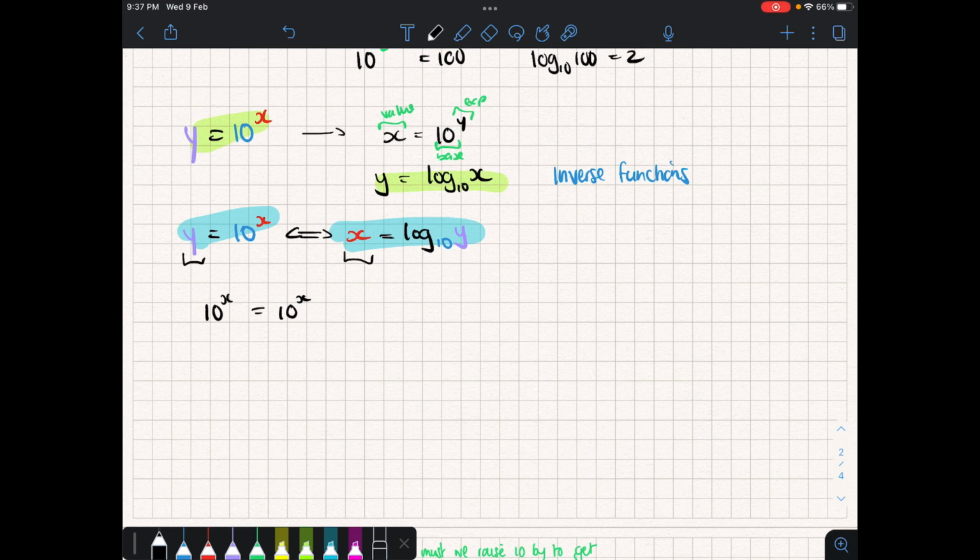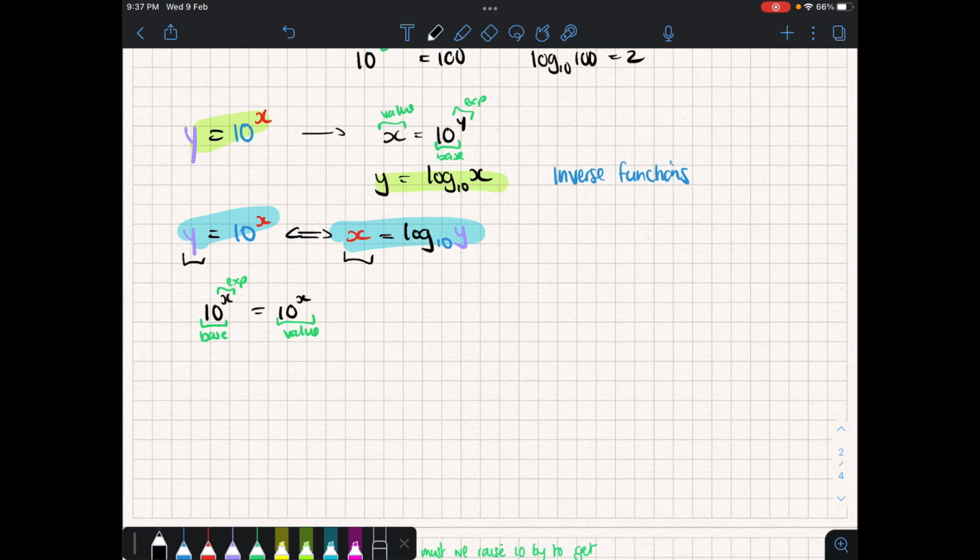Now logically, intuitively, we can see that these statements are exactly the same. But we're going to change this into a log. And how we're going to do that is we're going to say, this is the base, here's the exponent, and this whole thing here is the value.